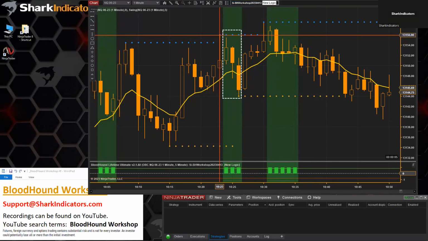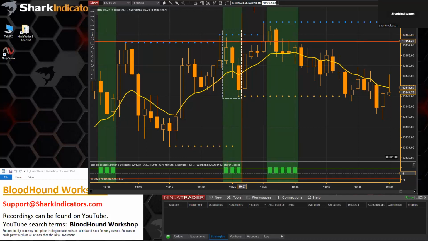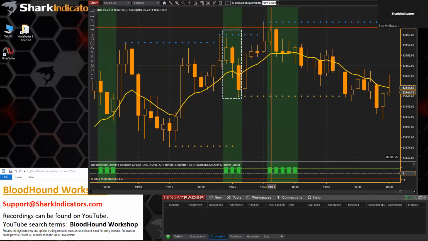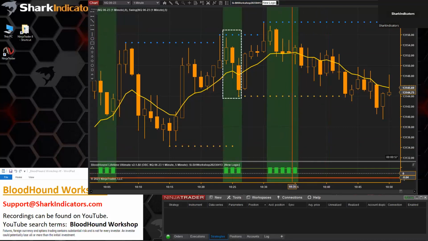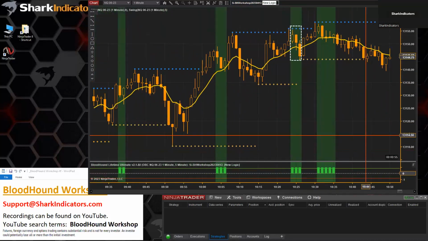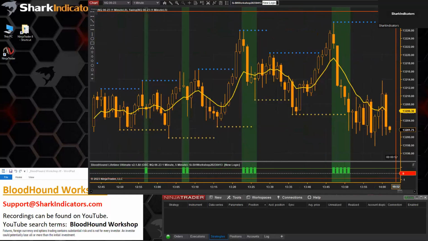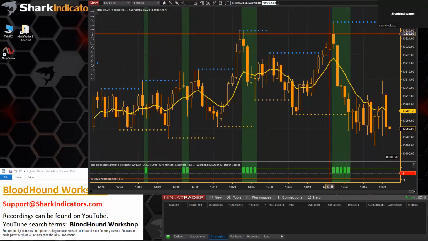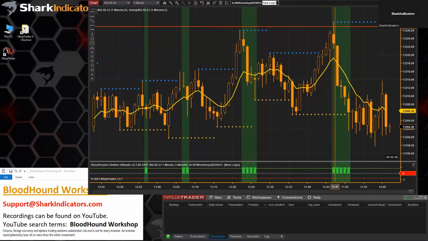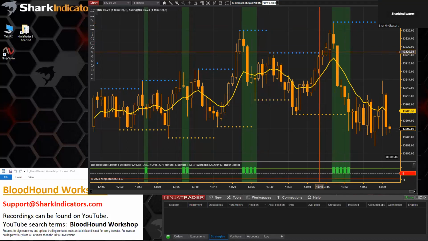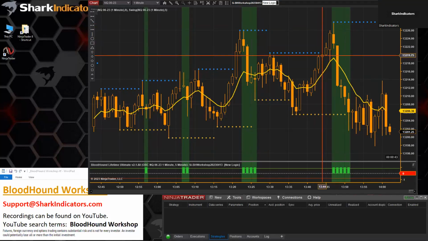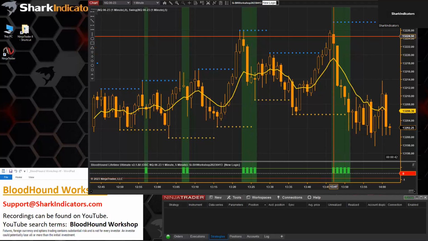All right, so we have the swing high break, and then a lower high starts the pullback. Swing high break, lower high starts the pullback. There we go. Swing high break, and we get an up bar, and then we get a down bar.